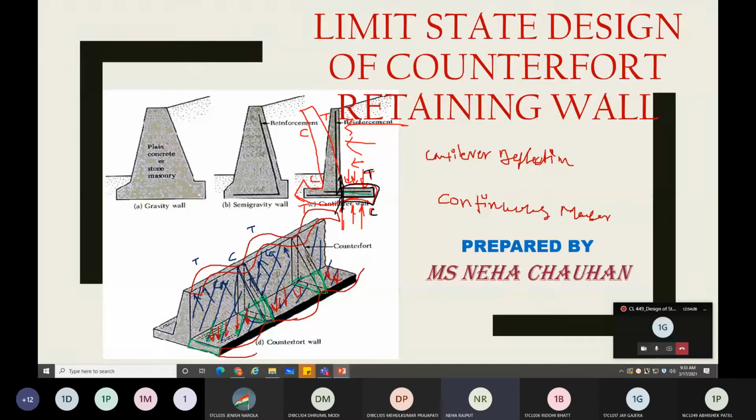So this is the deflection for the heel part, right? Again this is one slab. Consider this as a slab or beam having supports, and due to the supports it will deflect like this. So here the span is facing tension at bottom, compression at top, exactly opposite to your stem part, and the support will face tension at top, compression at bottom. Here the support is facing tension at bottom, here it is facing at top.